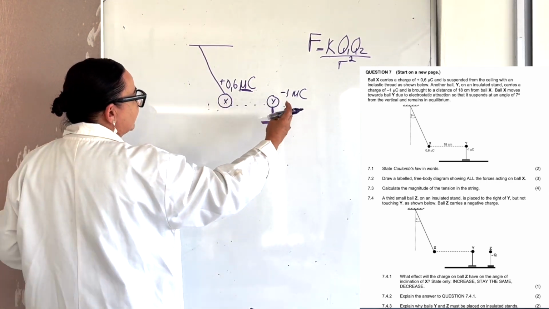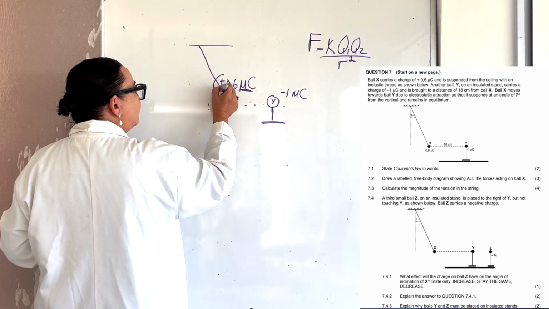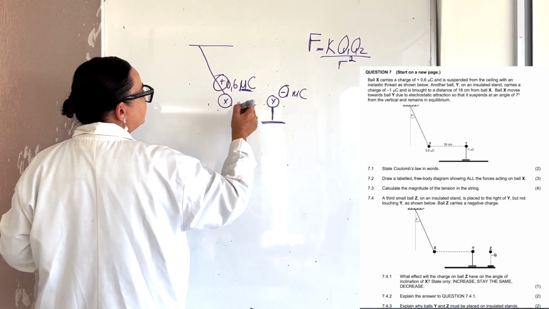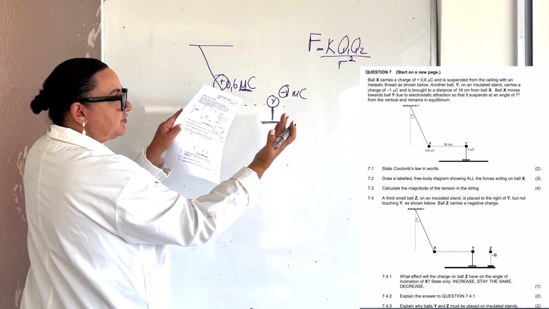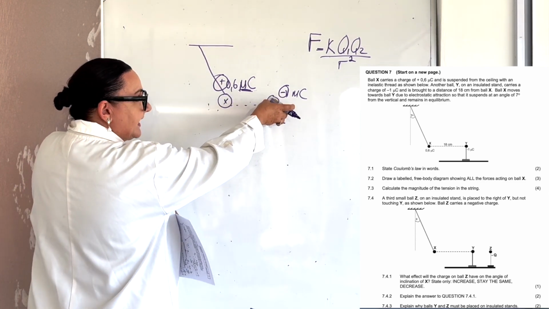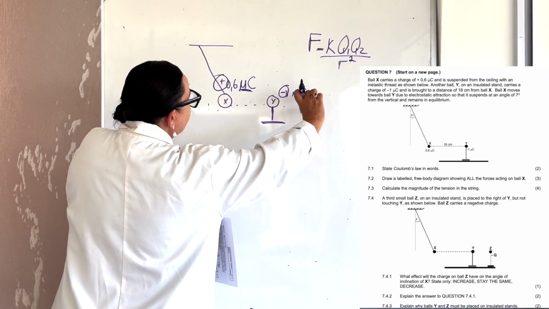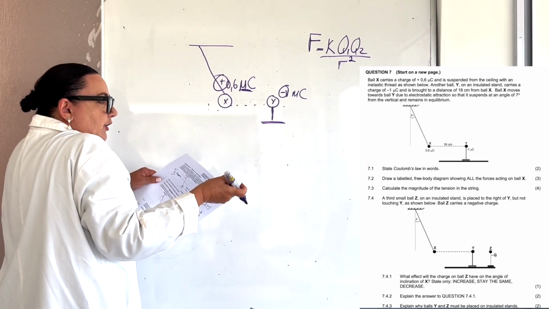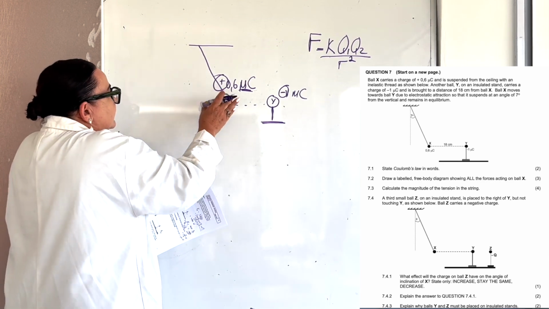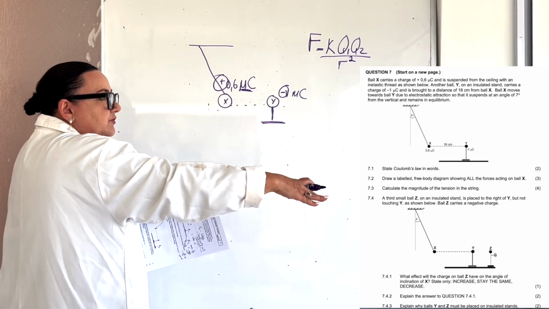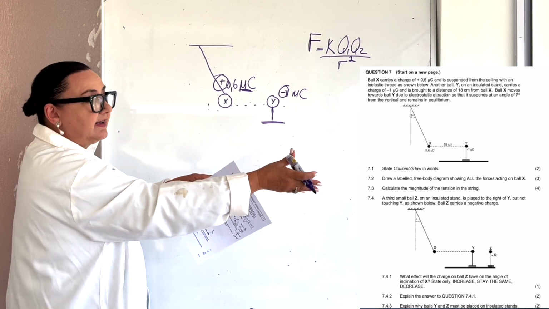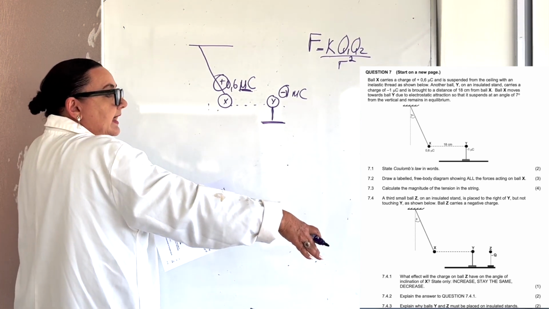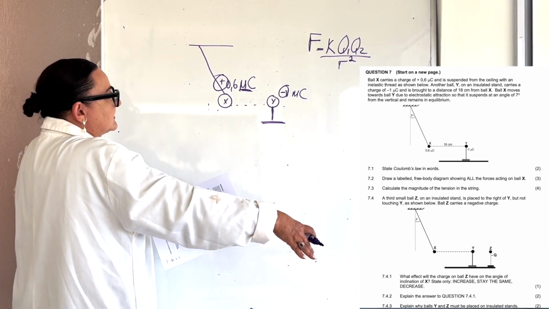It's pulled sideways because with a plus and a negative charge, we know they're going to attract each other. But Y cannot move, so it's going to pull X towards it. And that pull is going to extend the thread, and the whole system is going to stand still like that. So it's being pulled sideways and there it hangs still.